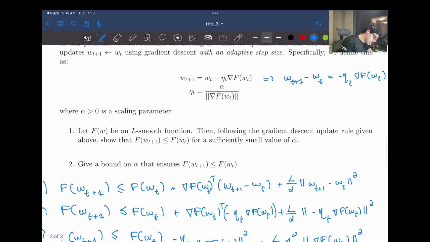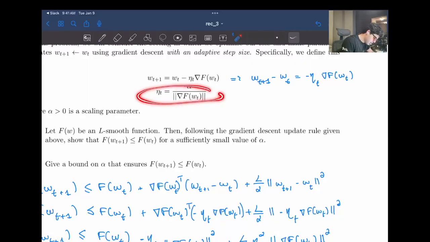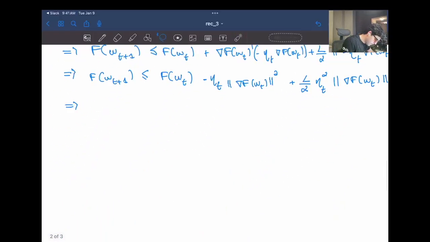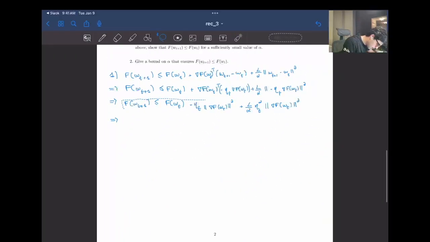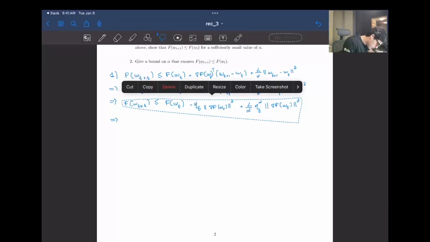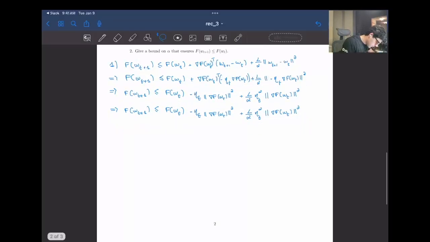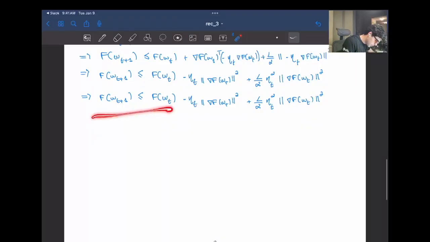So now let's replace eta_t with the formula that we have here. You know what? I'm getting lazy, so let me do this. The first part doesn't change. This doesn't change. This doesn't change. Only these change, right?